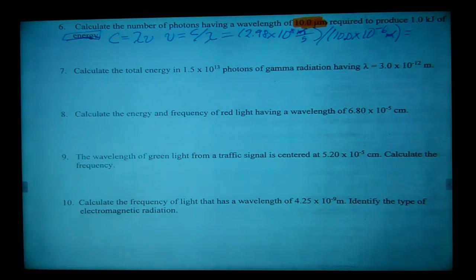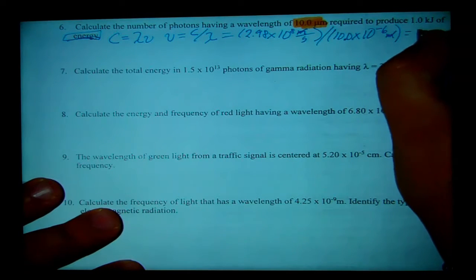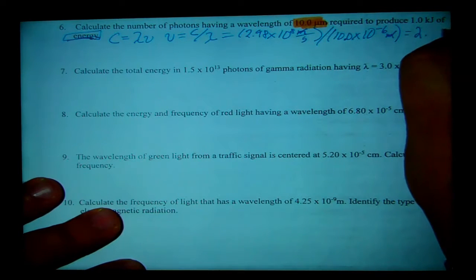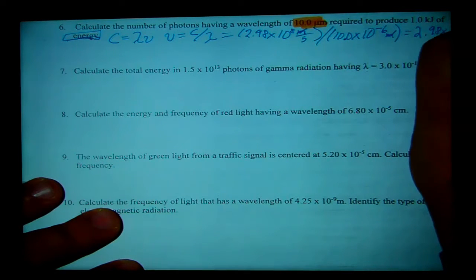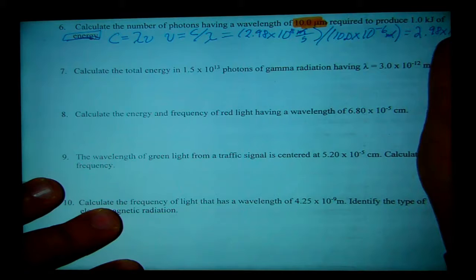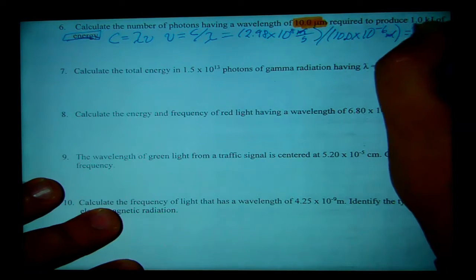So 2.98 times 10 to the 8 divided by 10.0 times 10 to the negative 6, I get 2.98 times 10 to the 13th, and those are inverse seconds.